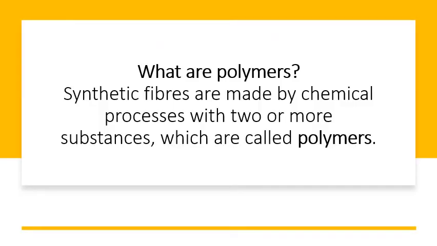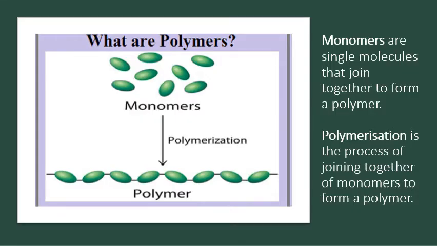What are polymers? So when we talk about synthetic fibers, what are synthetic fibers made up of? They are made by chemical processes with two or more substances which are called polymers. Moving ahead to polymers, what are polymers? Polymers are made up of monomers.